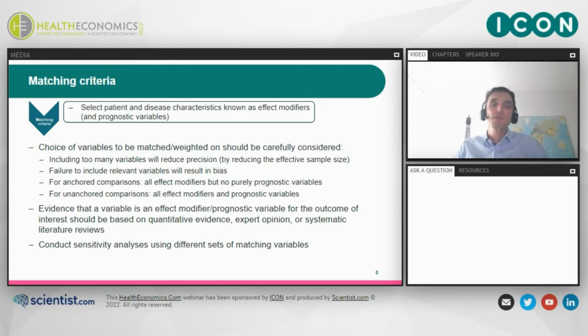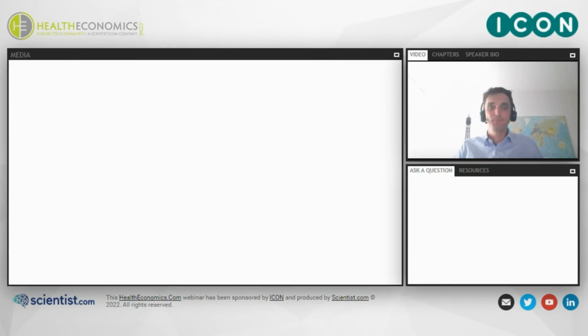But in addition to this quantitative analysis, you should also consider expert opinion, or ideally evidence that is synthesized by systematic literature reviews. And importantly, as always with non-randomized analysis, you should conduct sensitivity analyses using different sets of matching variables.